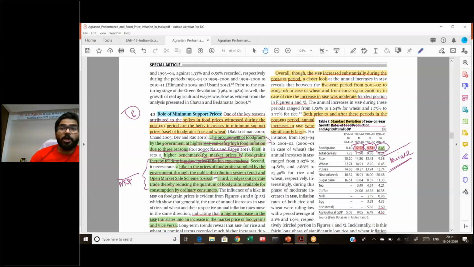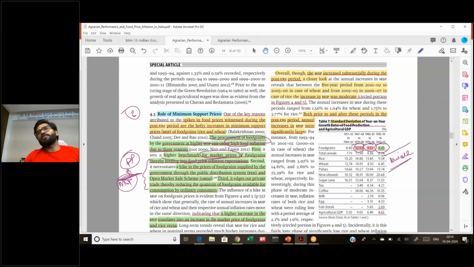But what about procurement price? Procurement price is the price at which the government actually buys from the farmers. Now, if this is the MSP, which is the lowest price, the procurement price will at least be equal to MSP, or can be more than MSP. How can the procurement price be more than MSP?